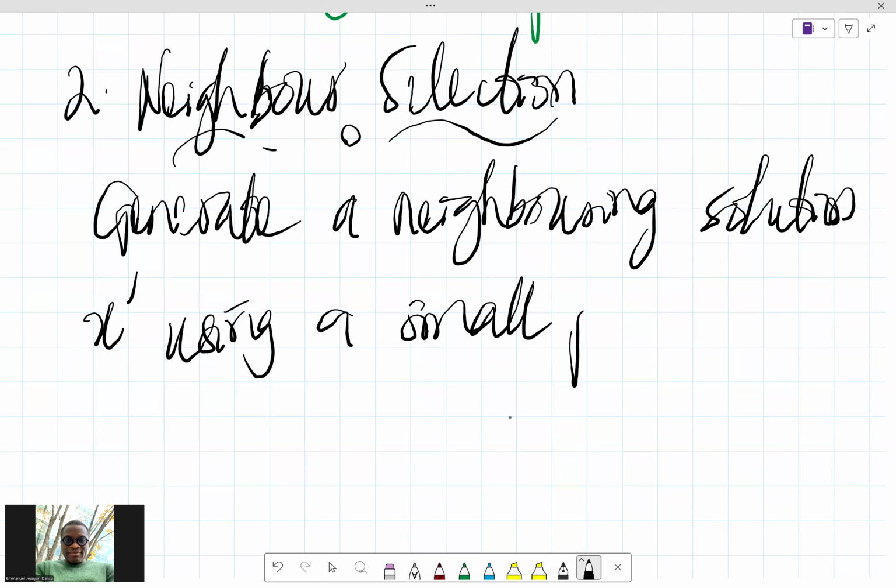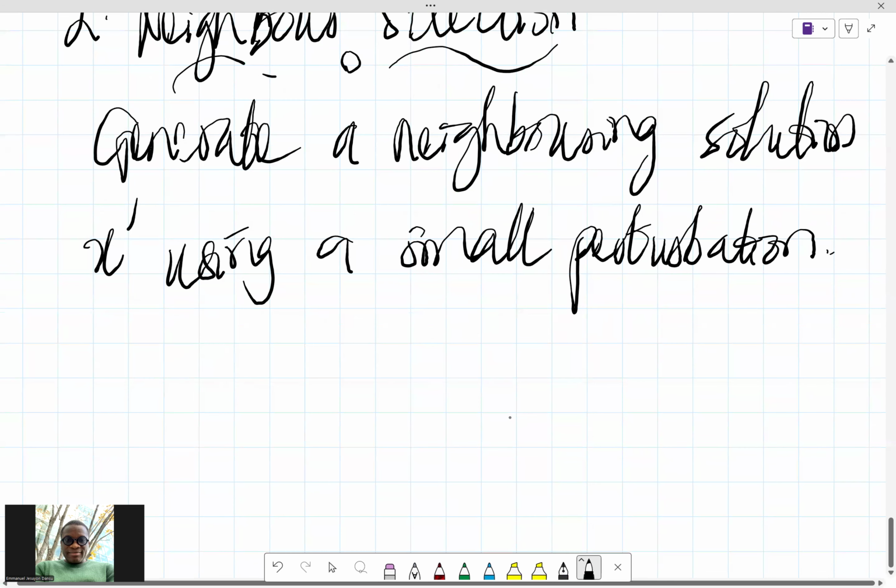So if your initial solution X is like 2, you can make it 2.1 or 1.9. Just shake it up a bit using a small perturbation. That is the neighbor selection.